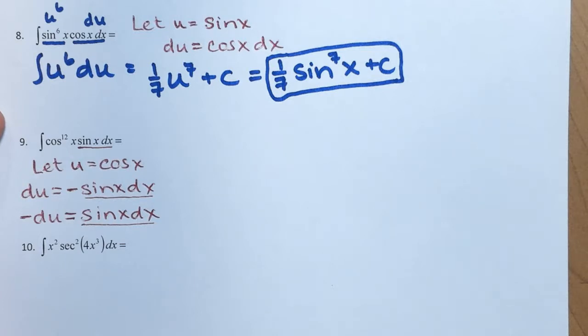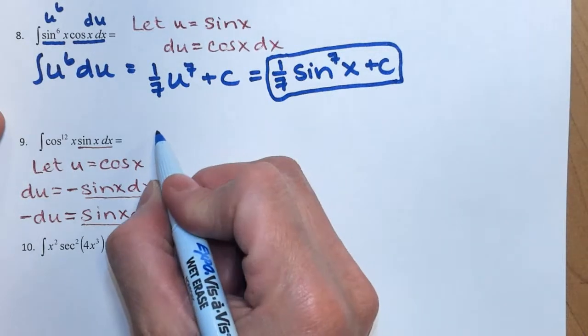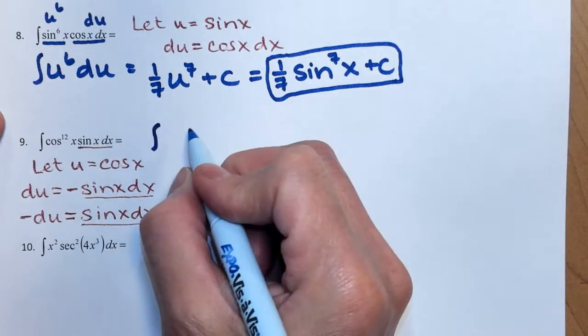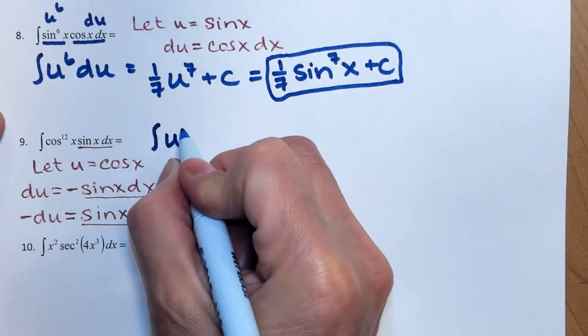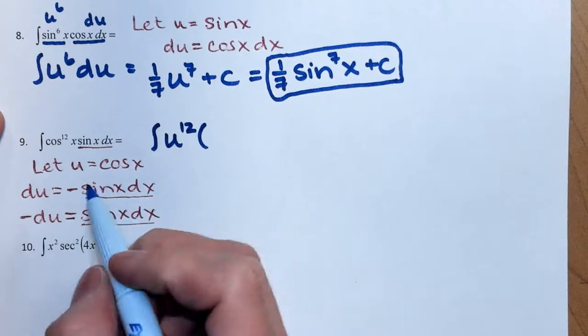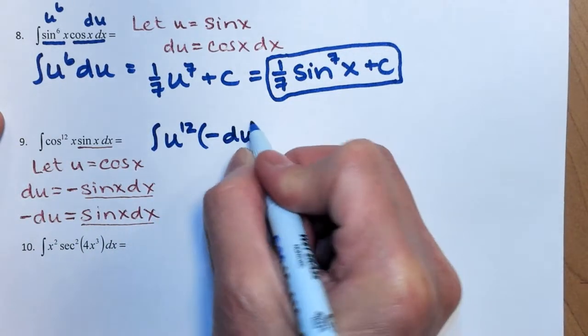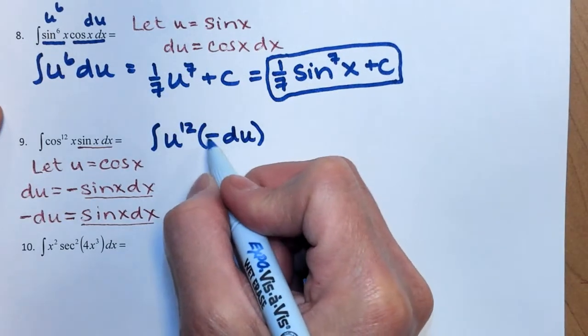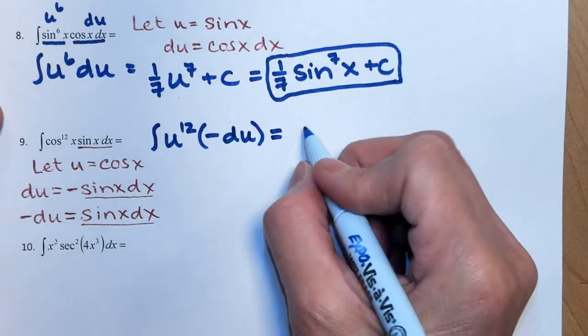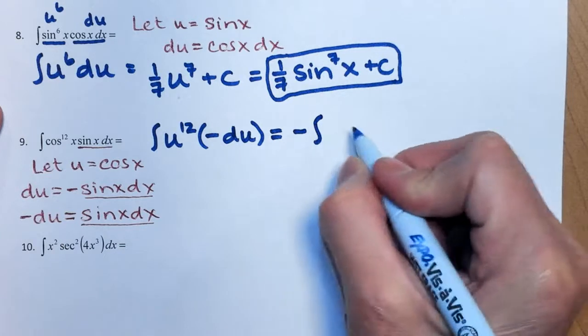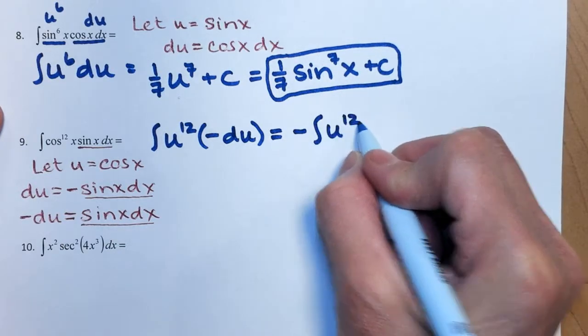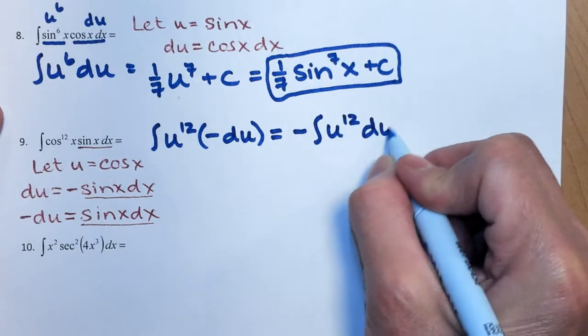All right, so let me rewrite this. So using my u-substitution, this is the integral of u to the 12th. And then sine x dx is negative du. So remember, this negative sign is like a -1, and you can just put that outside of your integral. So I'm just integrating u to the 12th du.